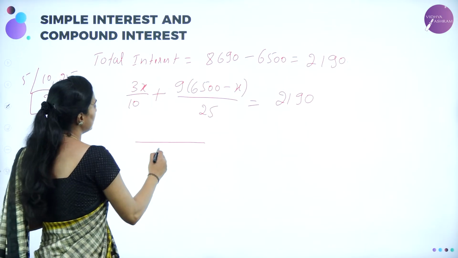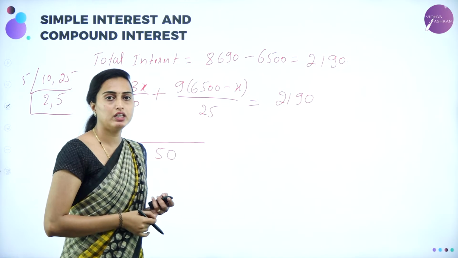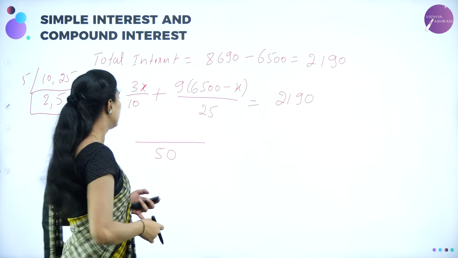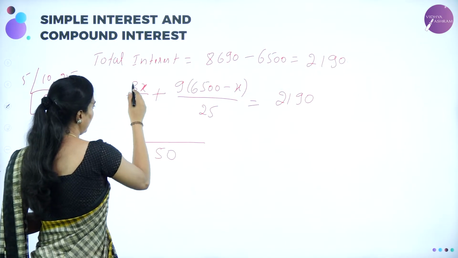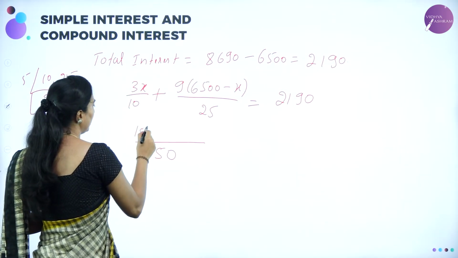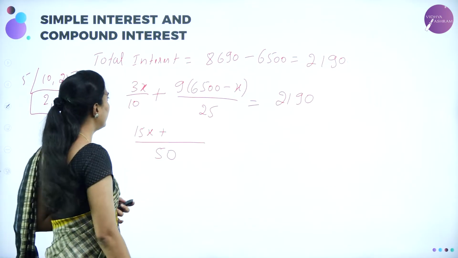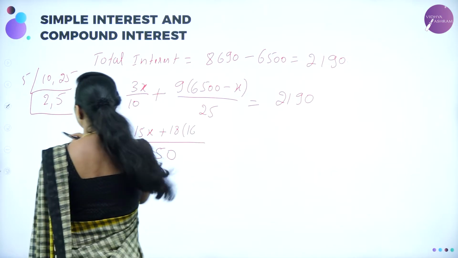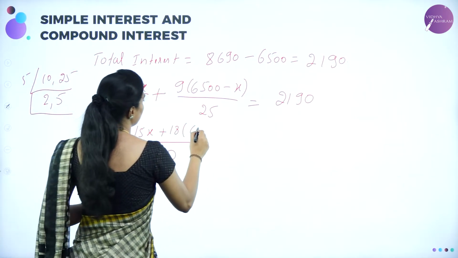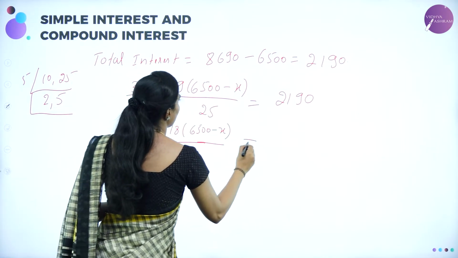So 50 is the LCM, because 2 and 5 are prime numbers. Next, 10 5s are 50, so 3 5s are 15, plus 25 2s are 50. So 9 into 2 is 18 into 6,500 minus X is equal to 2,190.